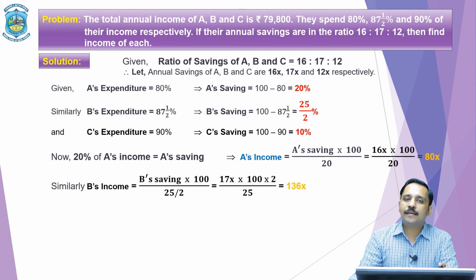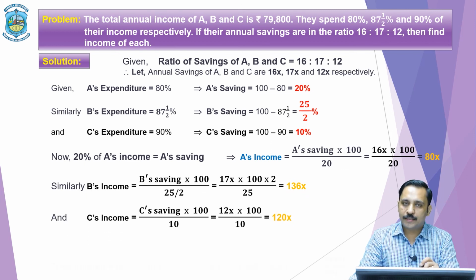Similarly, B's income is equal to B's saving multiplied by 100 divided by 25 by 2, which is equal to 136x. And C's income is equal to C's savings into 100 divided by 10, which is equal to 120x.